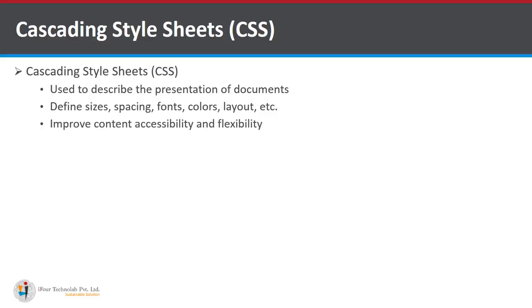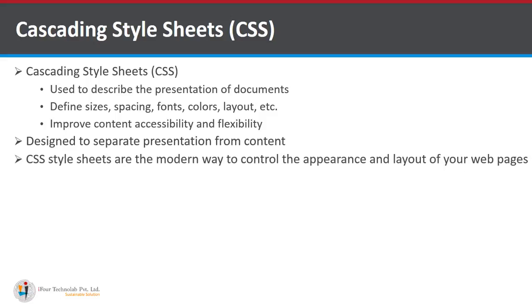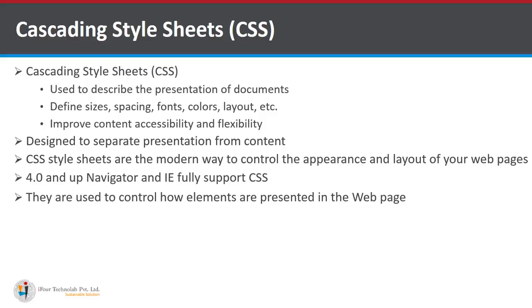It is used to define size, spacing, fonts, layout, etc. It improves content accessibility and flexibility. Designed to separate presentation from content, CSS style sheets are a modern way to control the appearance and layout of your web pages. They are used to control how elements are presented in web pages.